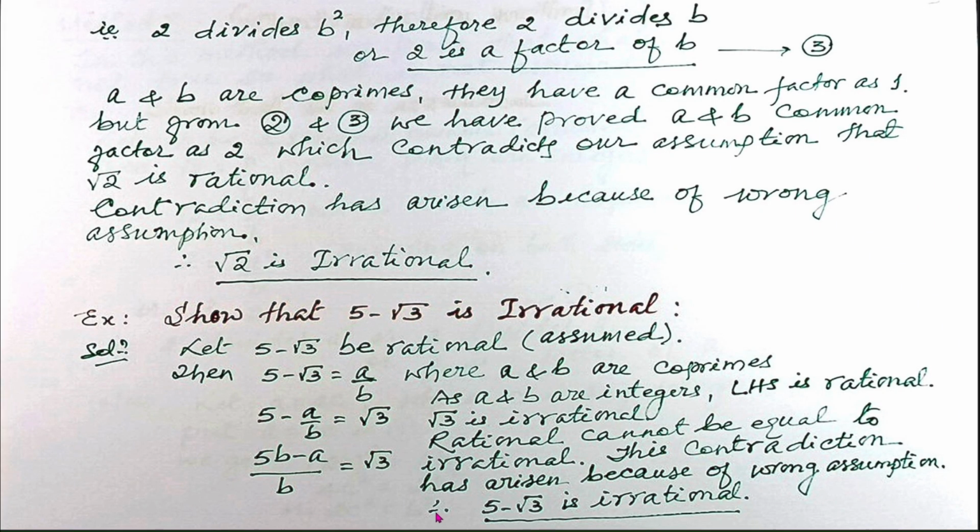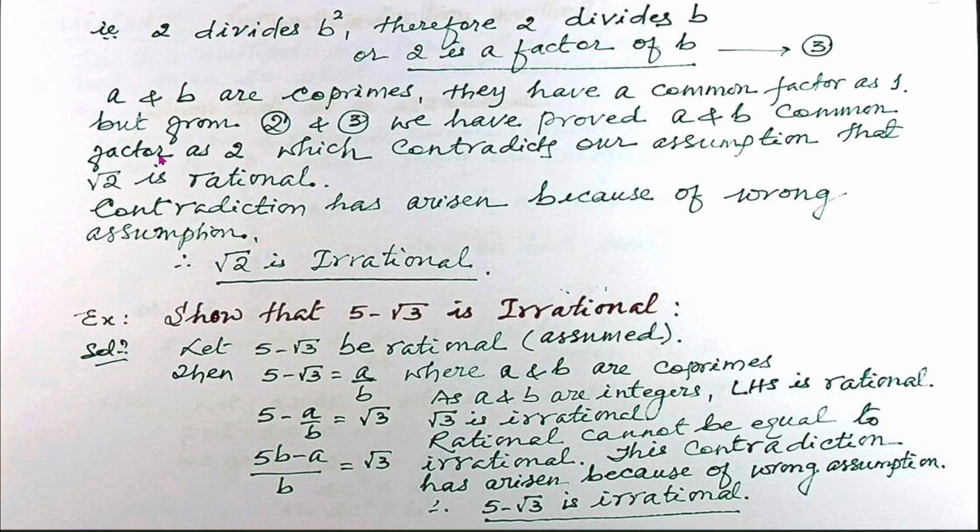That means 2 divides b square, therefore 2 divides b, or 2 is a factor of b. So now we have proved that 2 is a factor of a and 2 is a factor of b also. But a and b are co-primes. When we assumed it, a and b should have only 1 as a common factor, but we have shown here that a and b have a common factor of 2 also.